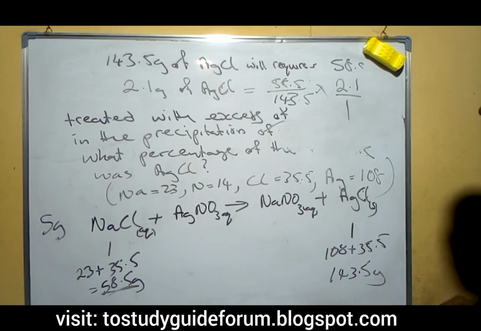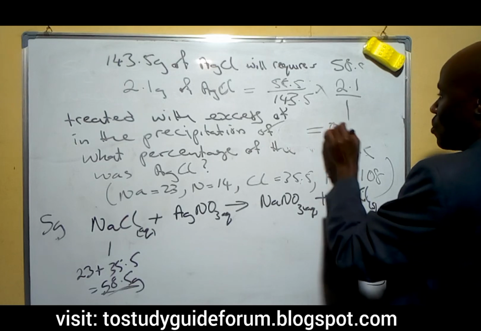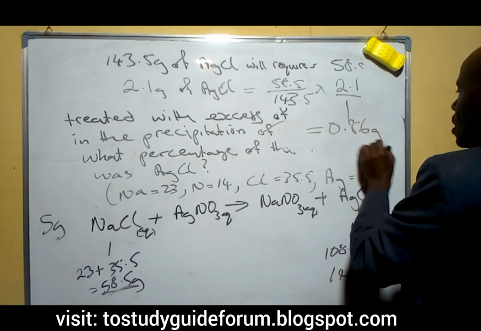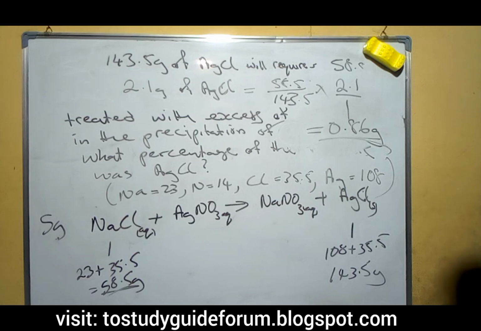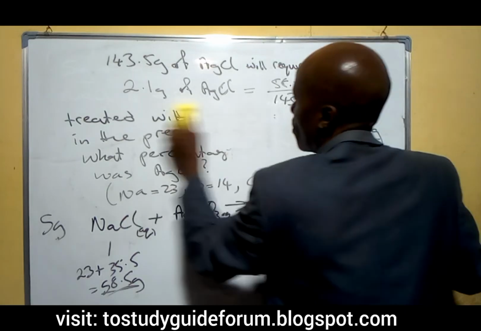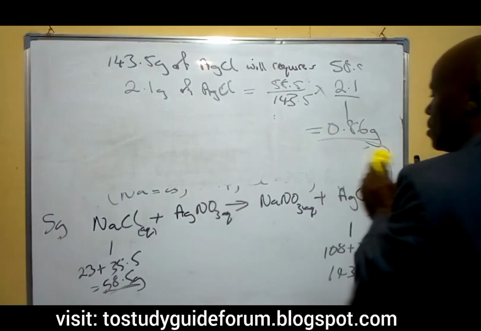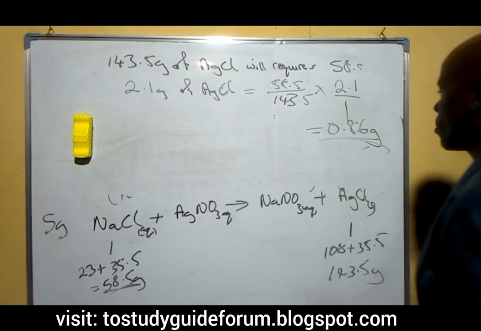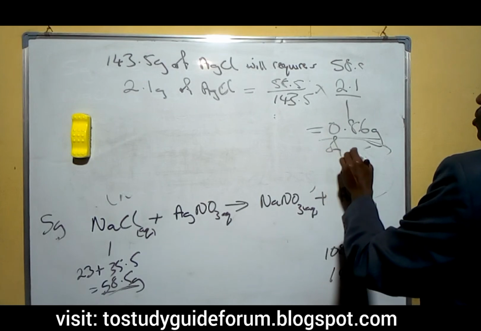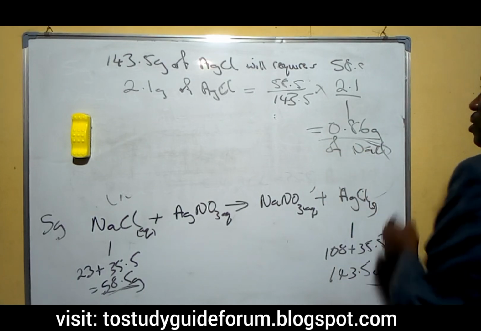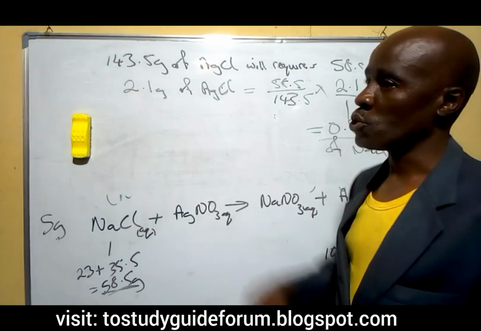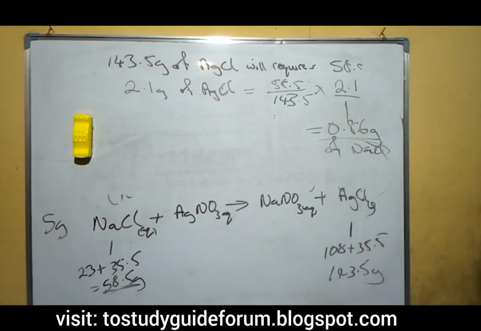So then what we have will be 0.86 grams. 0.86 grams of sodium chloride will give us 2.1 grams of silver chloride.